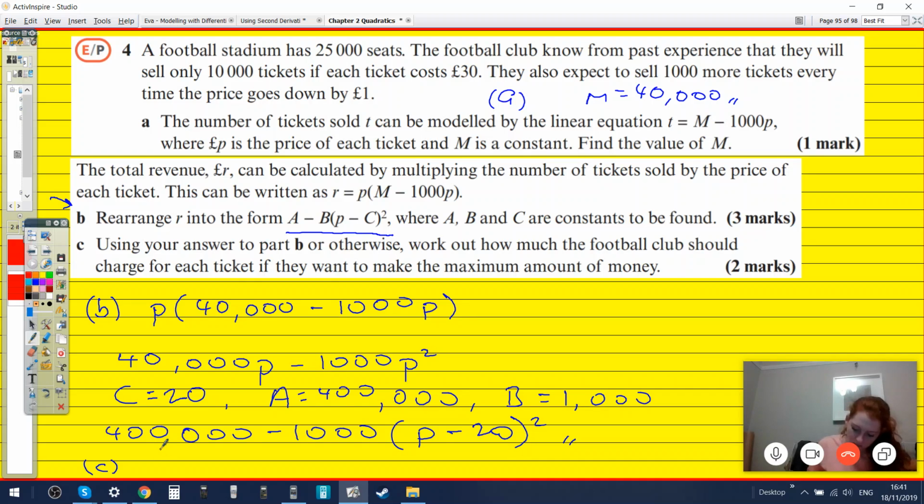Yep. Is it the 20? Yes, well done. £20 per ticket.